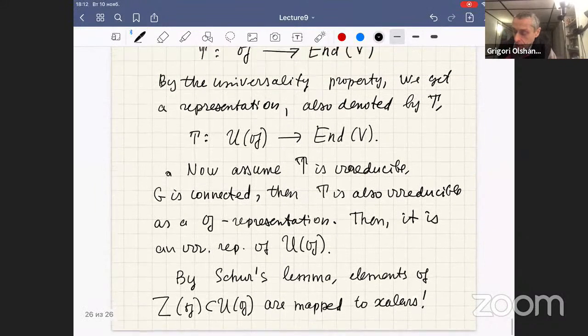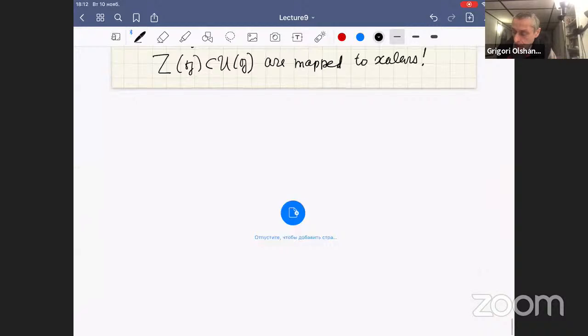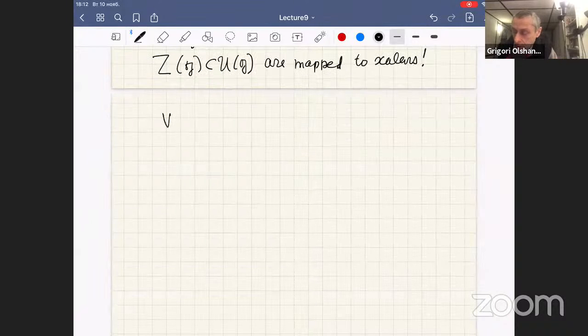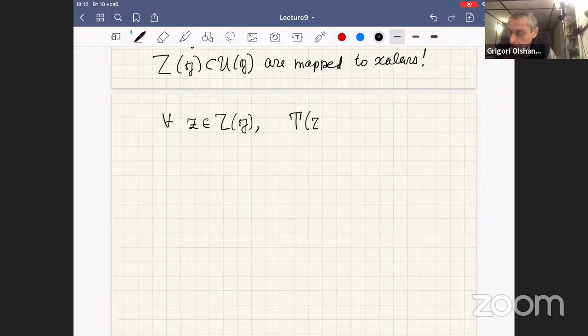So for any element of the center, the corresponding operator is a scalar operator.